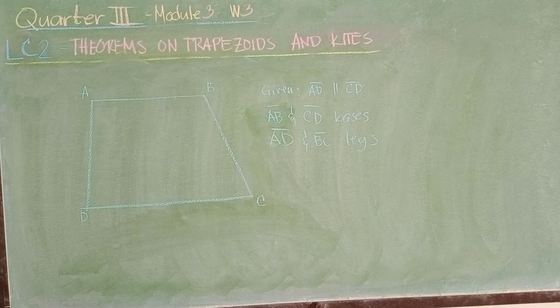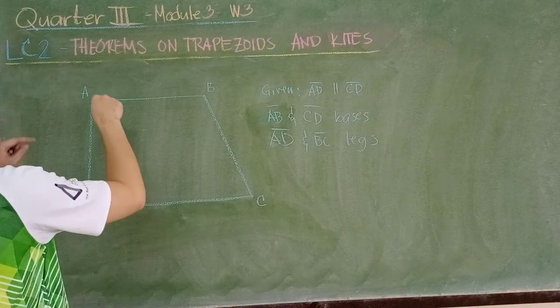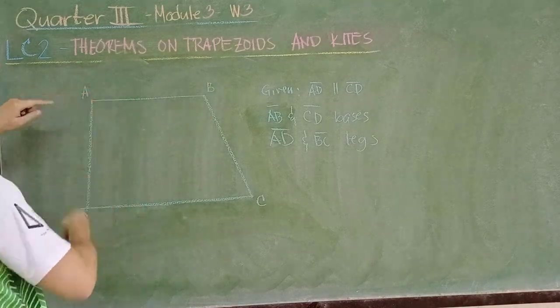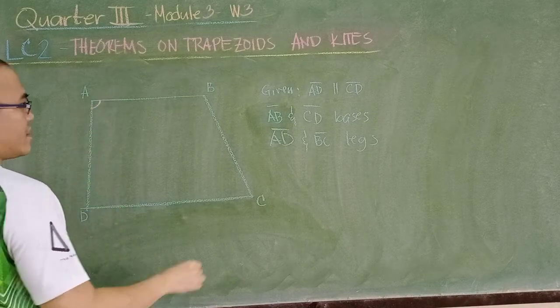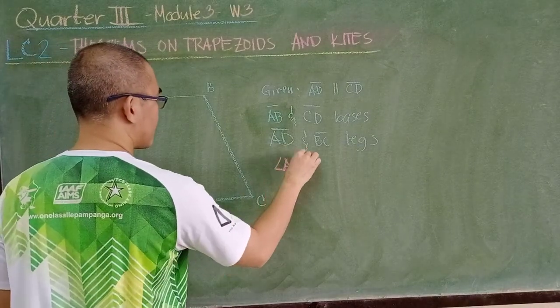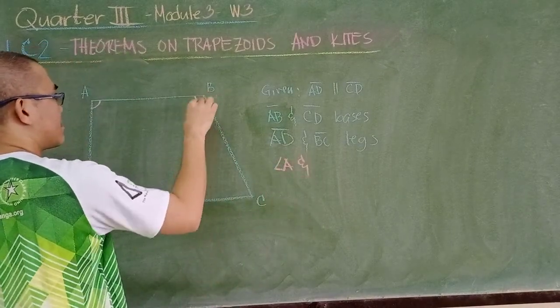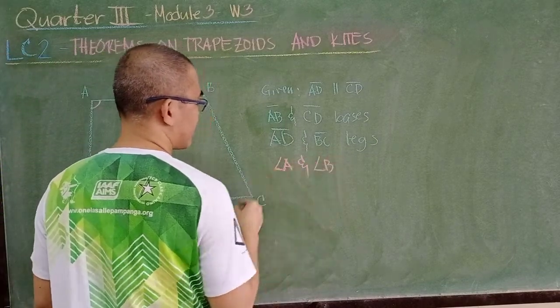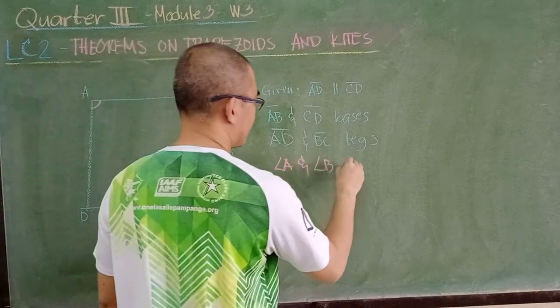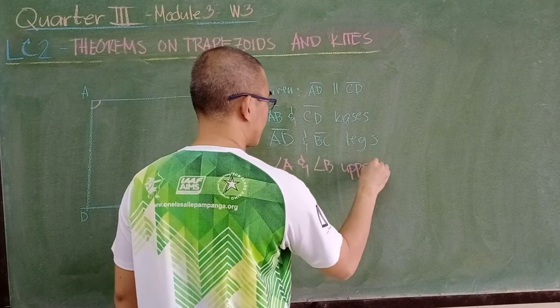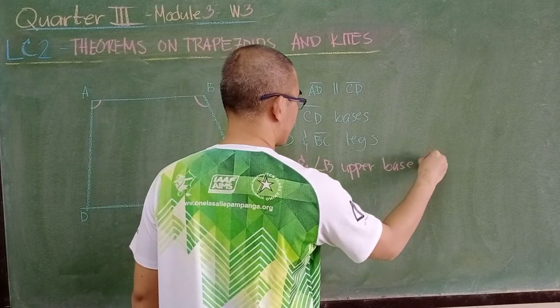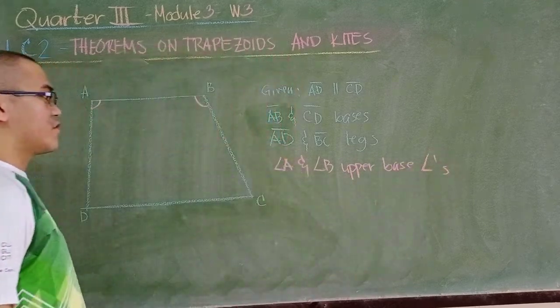And then, the angles formed by the upper base and a leg: angle A and angle B are called the upper base angles.